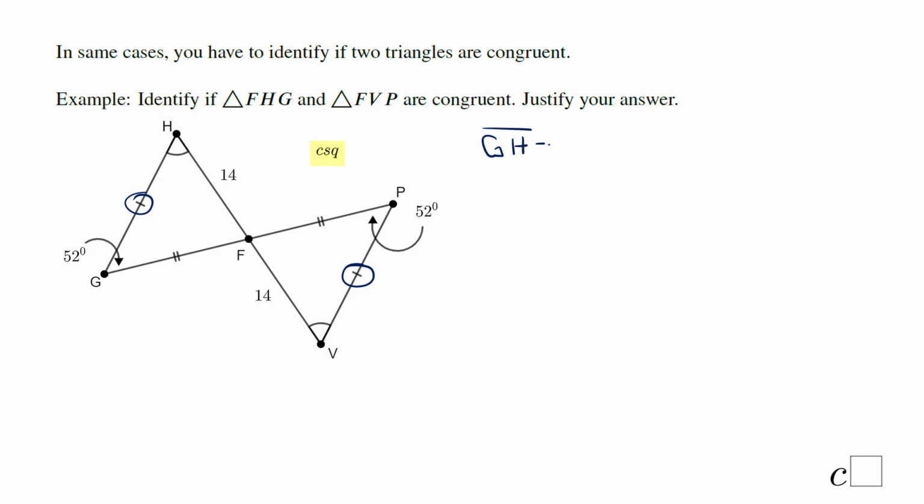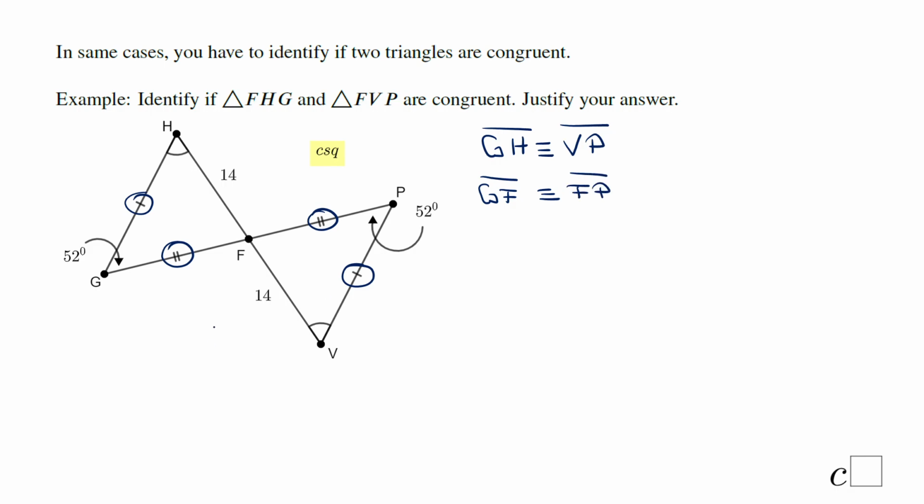GH, segment GH is congruent with segment VP. The next thing I notice, very similar, we have here 2 marks. Here we have 2 marks. These two are congruent. GF congruent with FP.